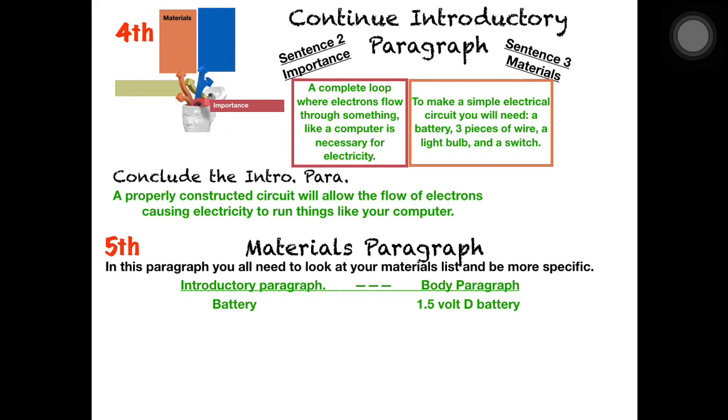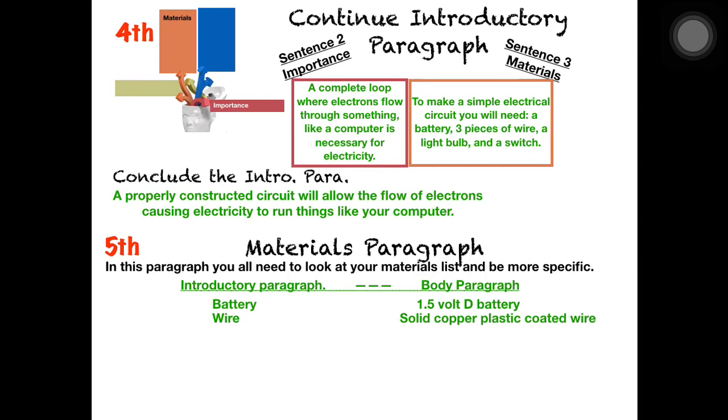And in the introductory paragraph, we mentioned that one of the materials we needed was a battery. In your body paragraph, you're going to be more specific and say a 1.5 volt D battery. So you'll be more specific and give more detail in your materials paragraph.